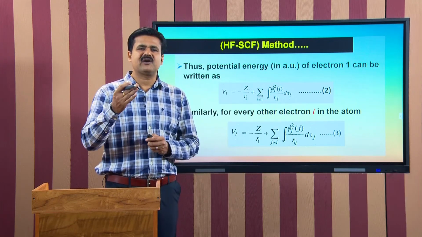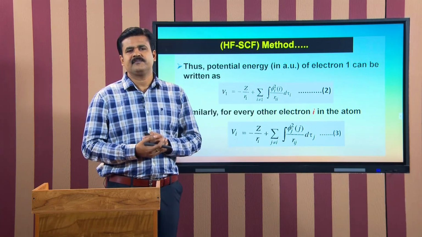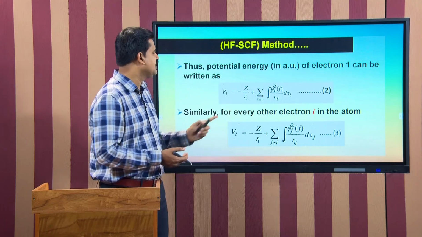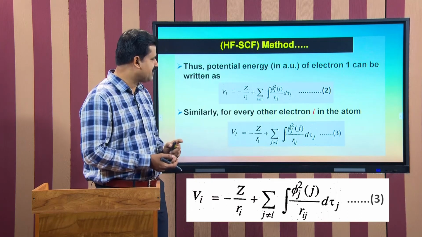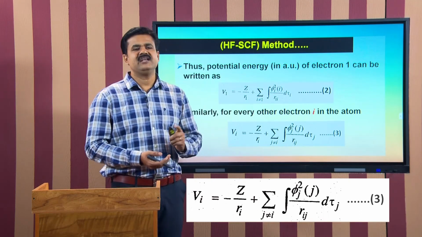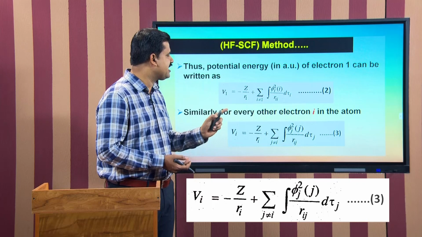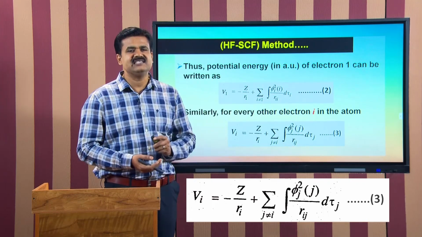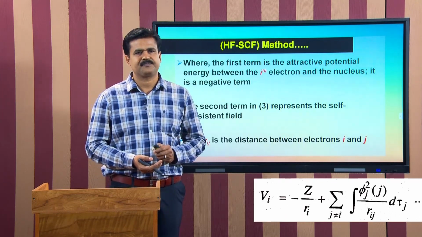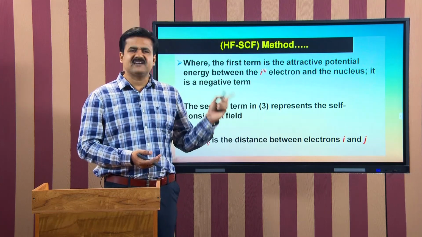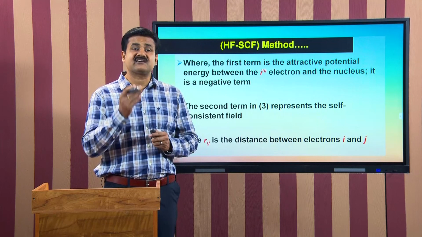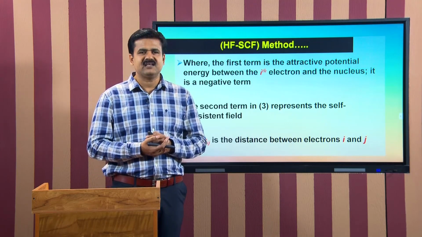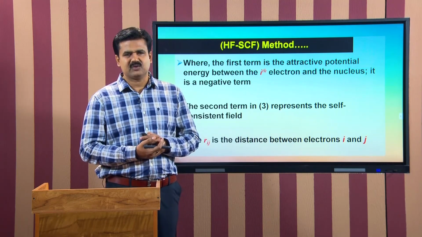Similarly, for every other electron i in the atom, we can represent Vi equal to minus Z by Ri plus summation j not equal to i integral phi j square (j) by Rij d tau j, where the first term in these expressions is the attractive potential energy between the ith electron and the nucleus.